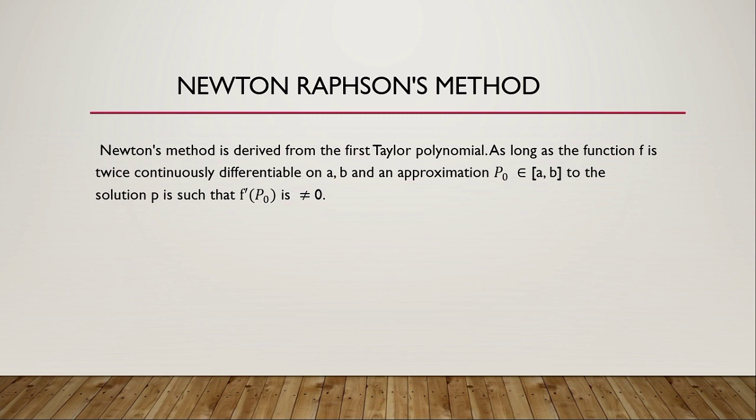So now we have a concept called Newton-Raphson's method, and this is derived from the first Taylor polynomial. The condition is that the function f is twice continuously differentiable on the interval [a, b], and has an approximation p0, a member of that interval [a, b], to the solution p, such that the first derivative of p0 is not equal to 0.